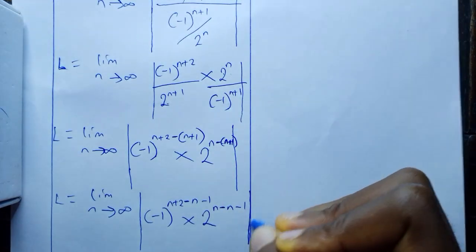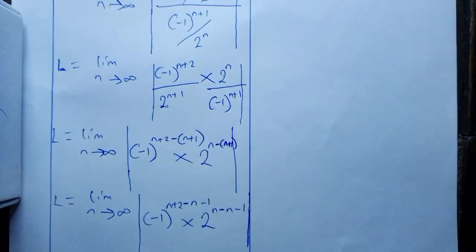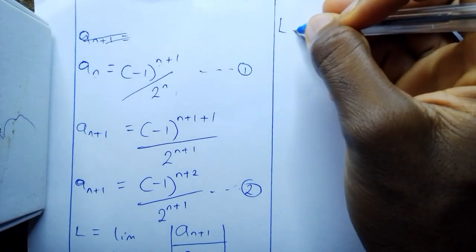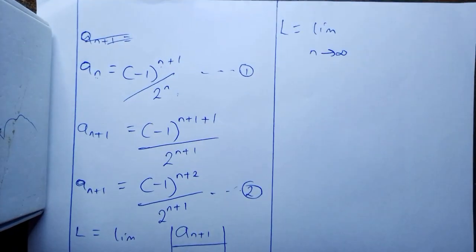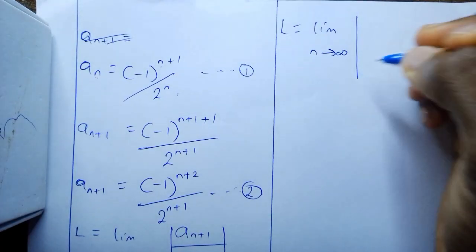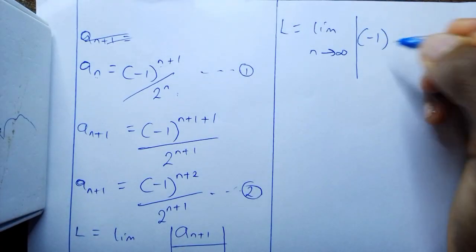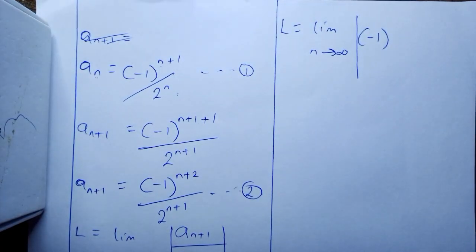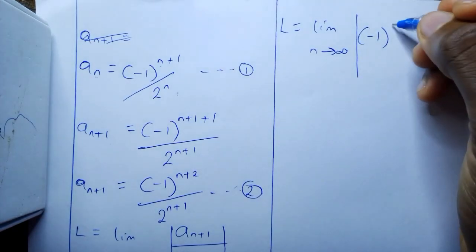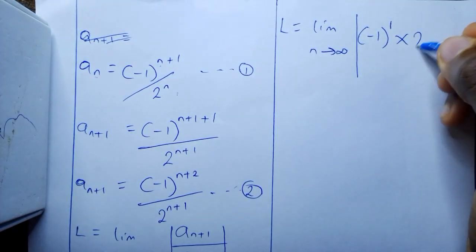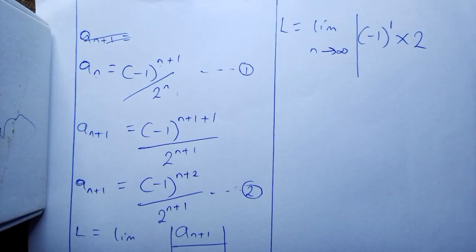Our absolute value still remains. Simplifying further, we have L equals the limit as n tends to infinity of the absolute value of minus 1 to the power n minus n, that is 0, 2 minus 1 is 1, times 2 raised to power n minus n is 0, then we have minus 1.